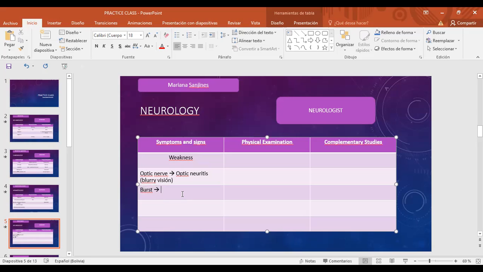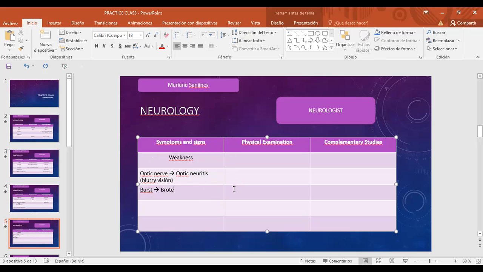Okay, in Spanish it means brote. So a person with this disease is kind of healthy. You look at this person, they are healthy and then have a burst. So this person does not always have the symptoms. It's like healthy and then has one burst and has all the symptoms.